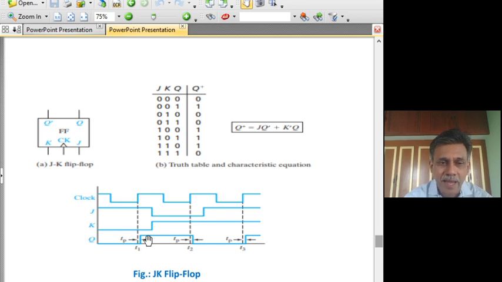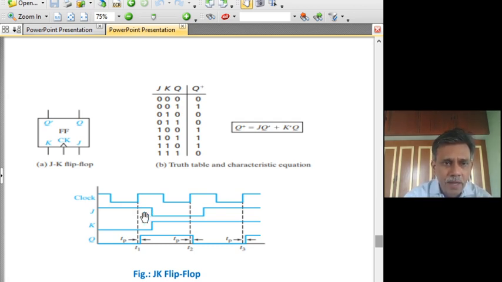Again, the clock pulses shown here are ideal in the sense the transitions are very sharp. Usually the transitions will not be sharp like this. There will be a finite time to rise from 0 to 1 or fall from 1 to 0. We will also see what happens with respect to such a clock pulse.